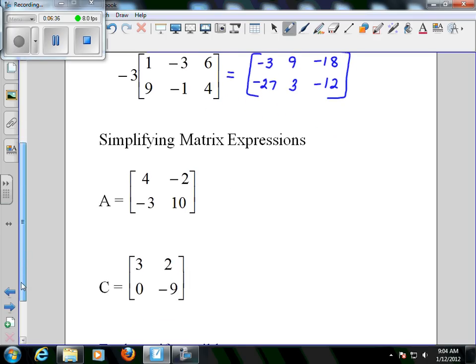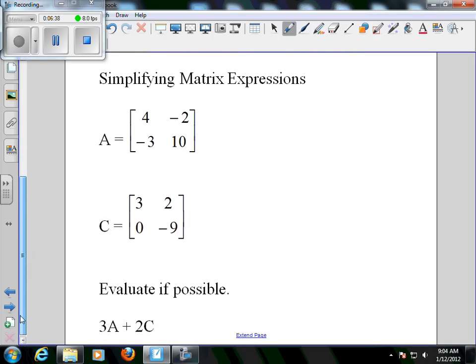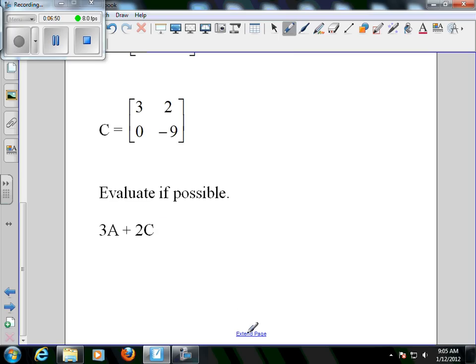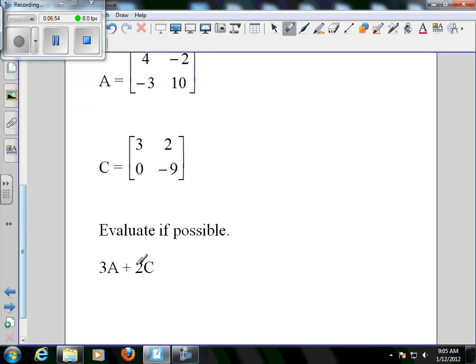Okay. Now we can also use variable expressions with matrices. We can say that this particular matrix here, 4, -2, and -3, 10 is equal to A, and 3, 2, 0, -9 is equal to C, and then go ahead and evaluate. And that's exactly what we're going to do. It says evaluate 3A plus 2C.